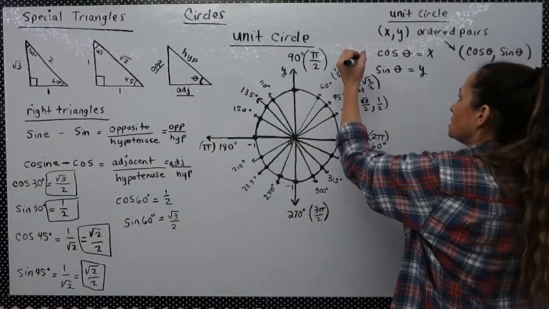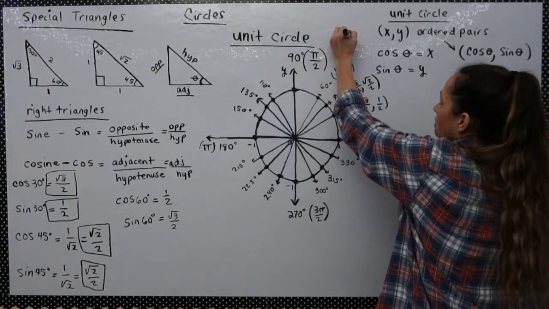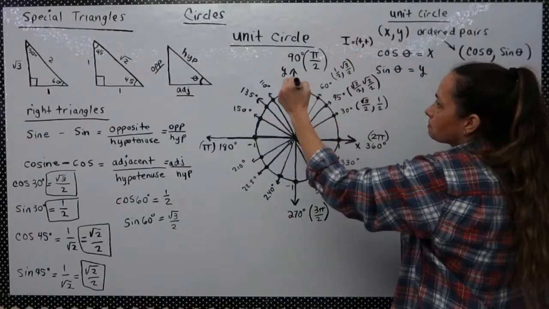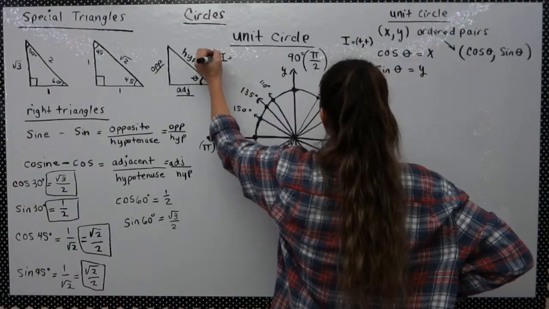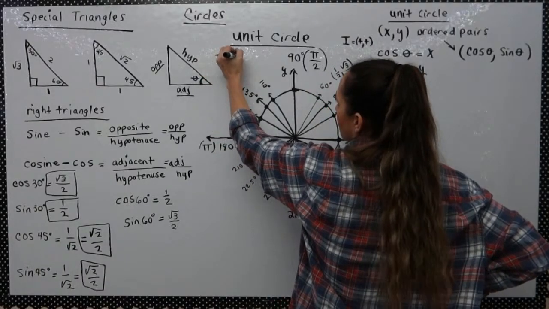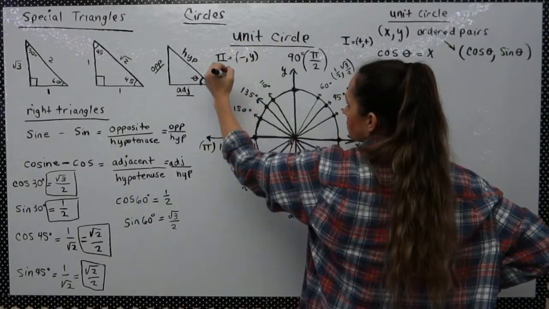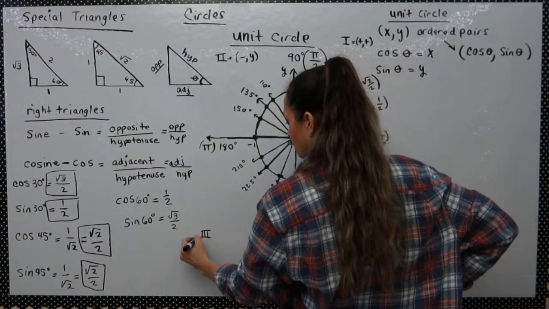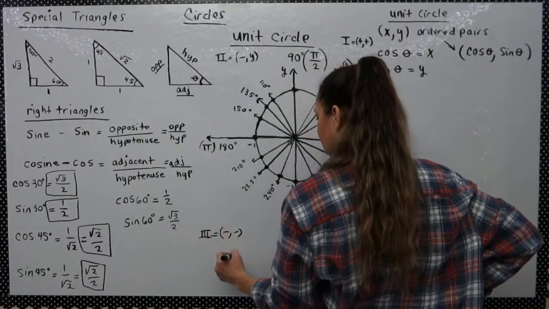So what happens is you have these quadrants. So you have quadrant 1, where your X and your Y are both positive. And you have quadrant 2, where your X value is negative, but your Y values are all positive. And then quadrant 3 down here, you have both values, X and Y, both negative.